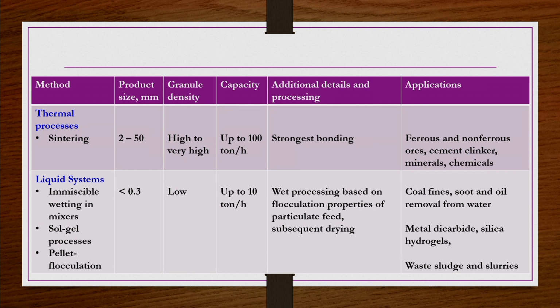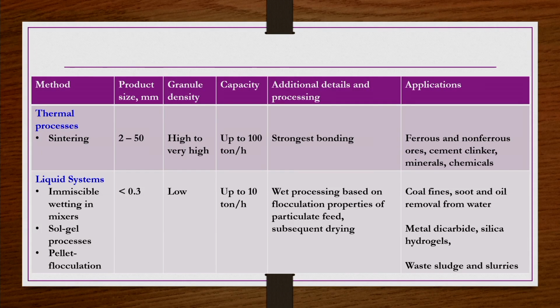The last method of size enlargement is liquid systems, where immiscible wetting in mixers, soluble processes, and pellet flocculation are some of the size enlargement methods coming under liquid systems. They produce product less than 0.3 mm in general, granule density is low, and capacity is up to 10 tons per hour.